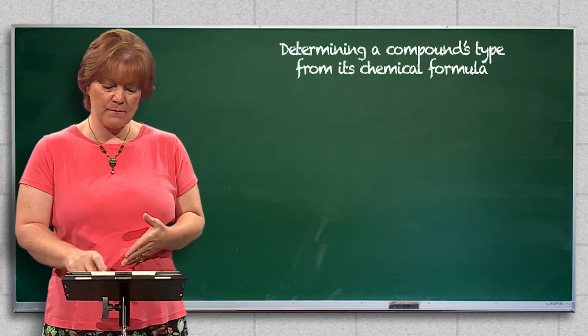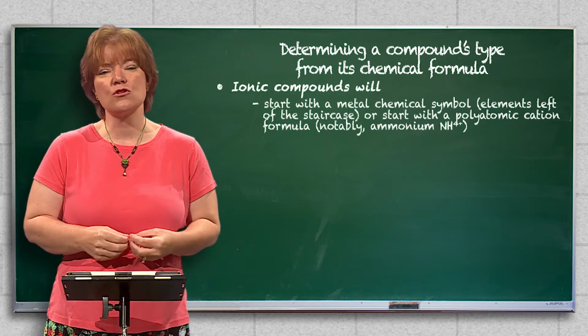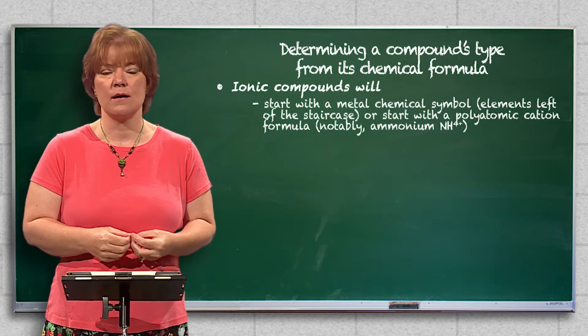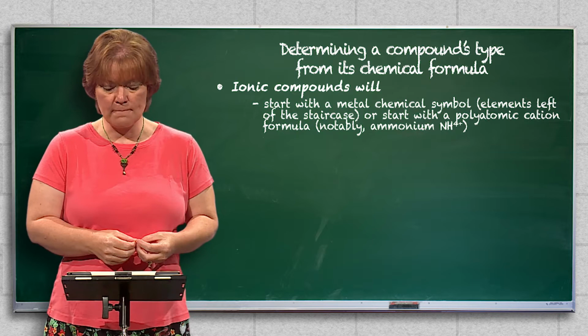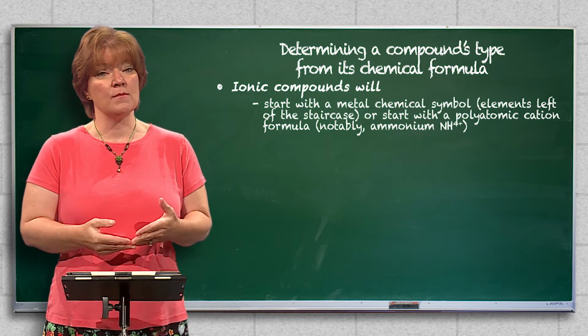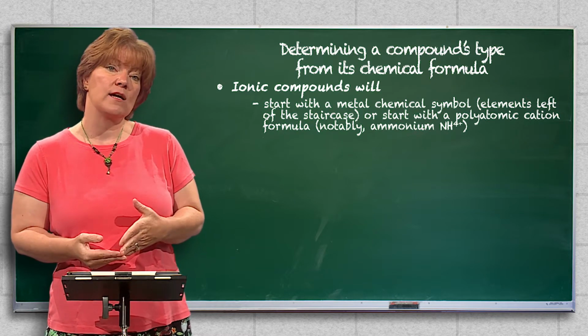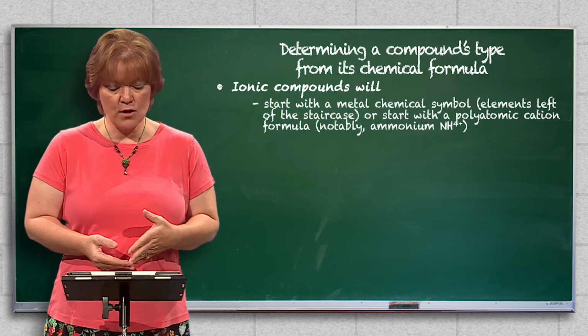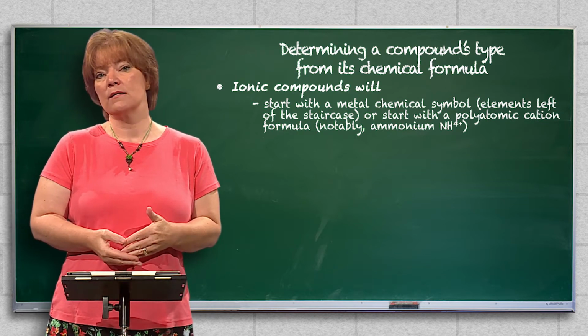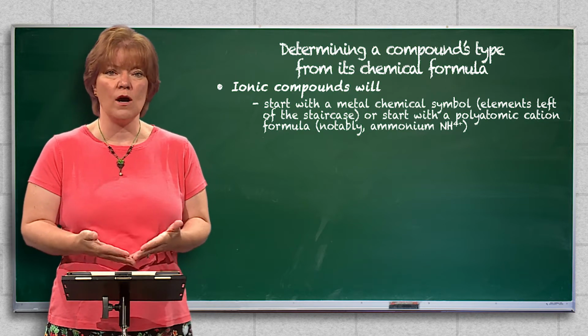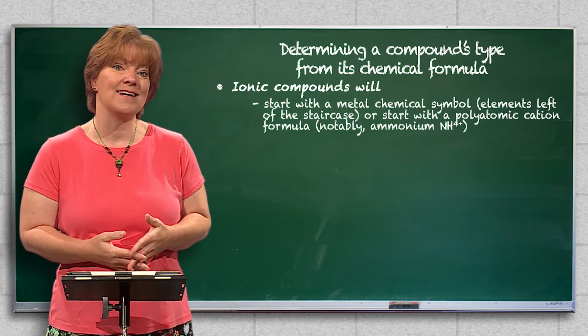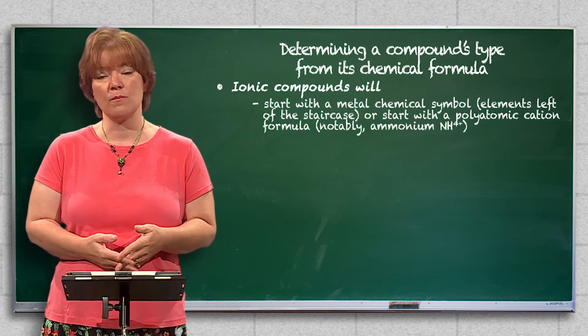So when we try to look at a chemical formula and determine what type of compound it is, if it's an ionic compound, I'm looking for things that start with a metal chemical symbol. Remember, metal elements are those elements that are left of the staircase on the periodic table. Also, it could start with a polyatomic cation. There's really only one notable polyatomic cation, and that's ammonium ion, which has a formula of NH4.